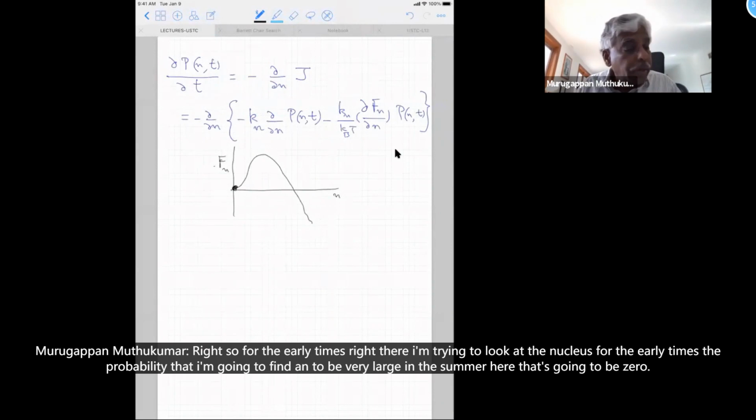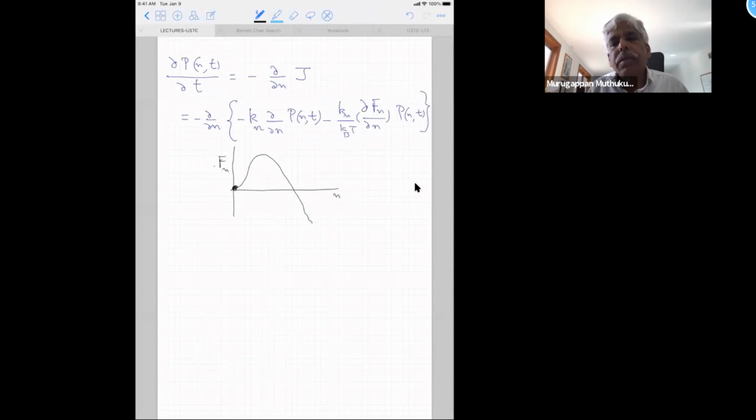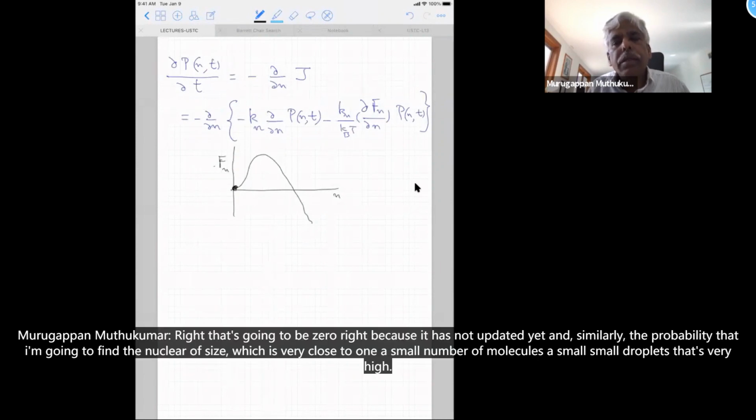So for early times, I'm trying to look at the nucleation. For early times, the probability that I'm going to find n to be very large, somewhere here, is going to be 0, because it has not nucleated yet. And similarly, the probability that I'm going to find nuclei of size very close to 1, a small number of molecules, a small droplet, is very high.